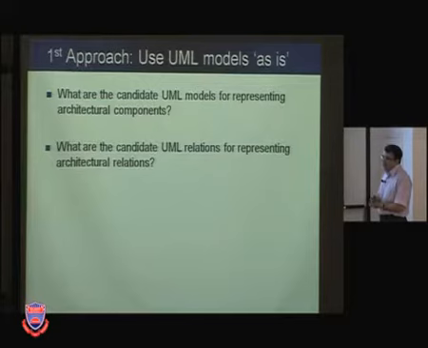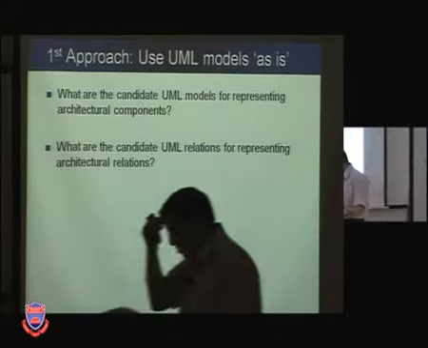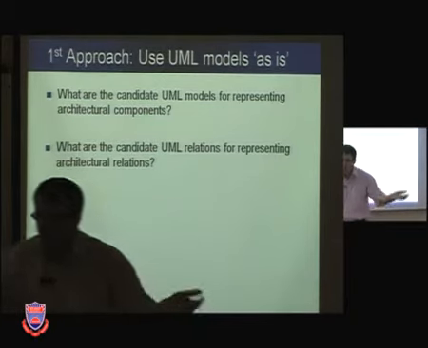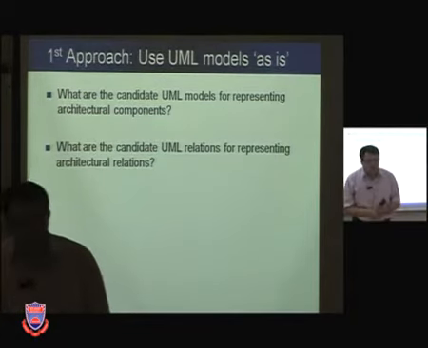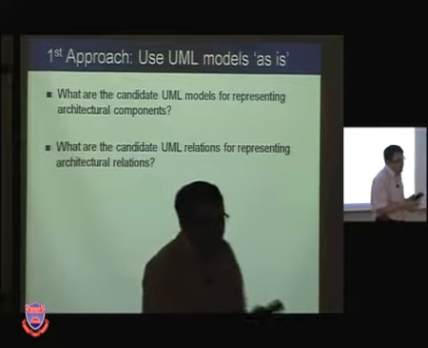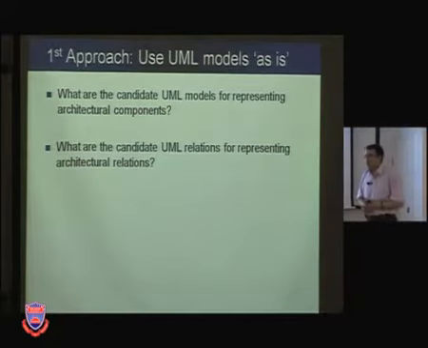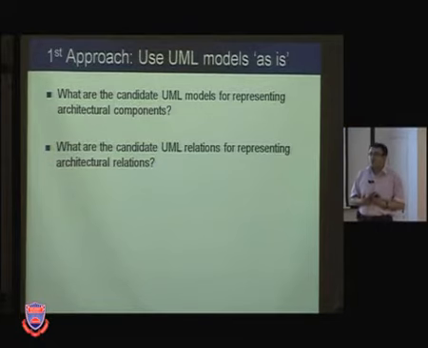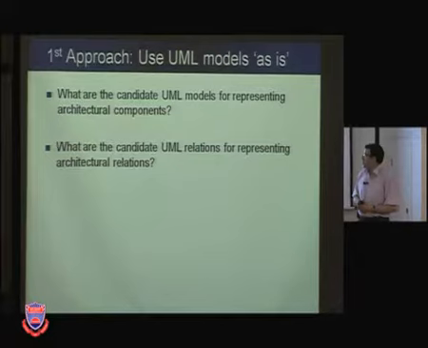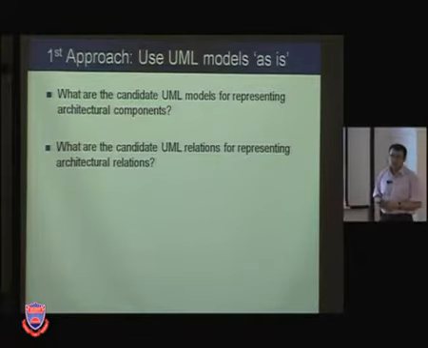First of all, use UML as is, which means you just take the textbook on UML, which describes the notations for representing the design elements. And then you check how you can represent architecture using these notations. So typically we have to answer two questions.